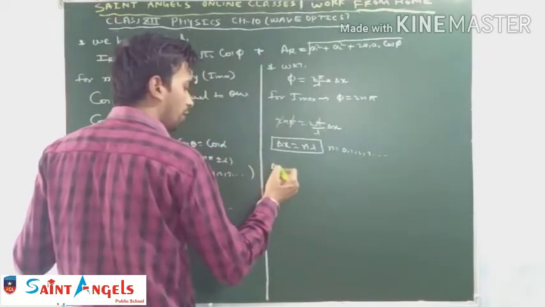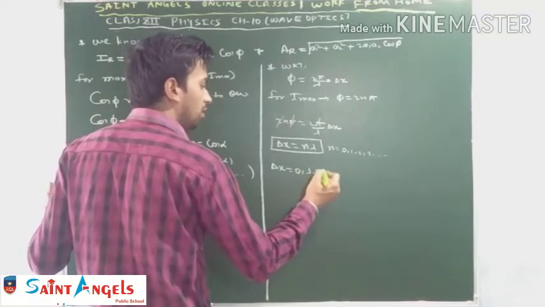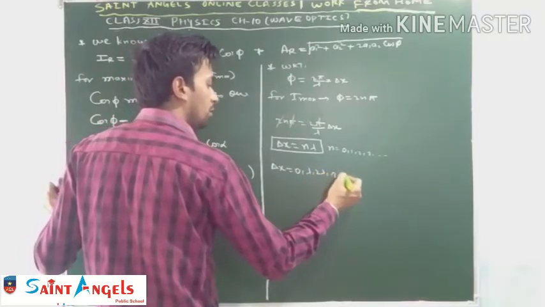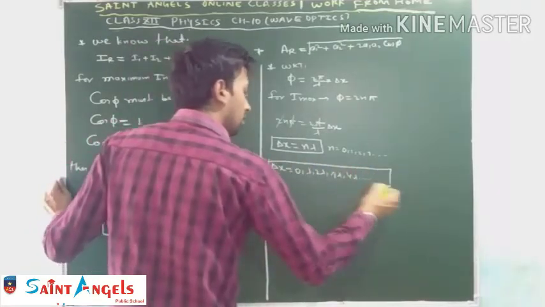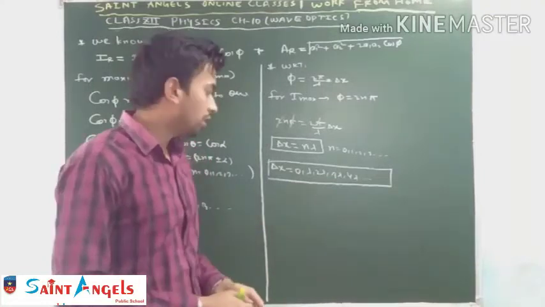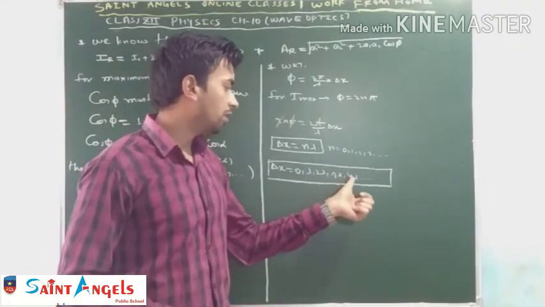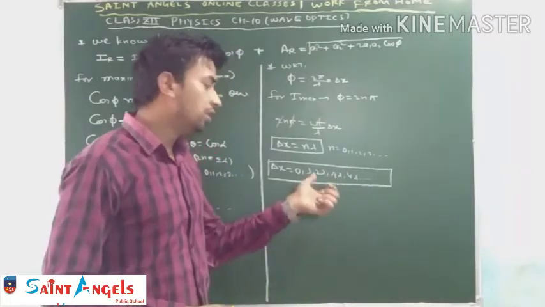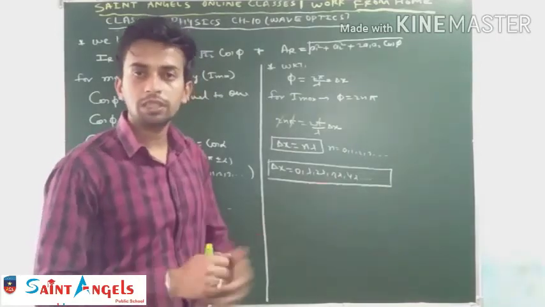It means path difference equal to 0, lambda, 2 lambda, 3 lambda, 4 lambda, and so on. When the path difference between two waves is equal to 0, lambda, 2 lambda, 3 lambda, 4 lambda, then in such condition the resulting wave has maximum intensity.